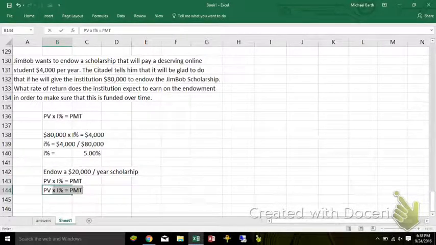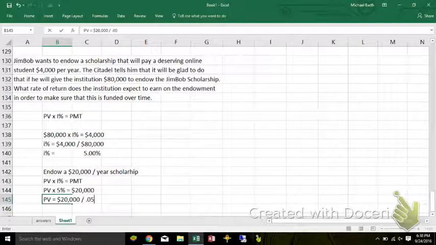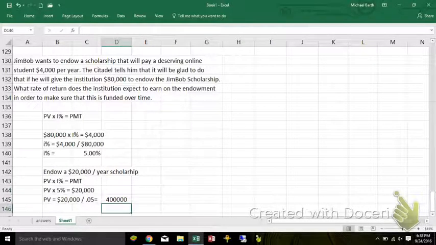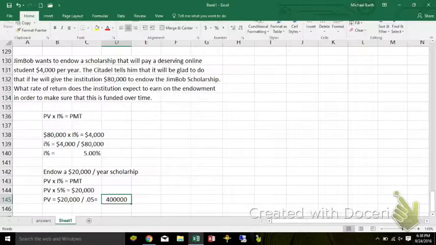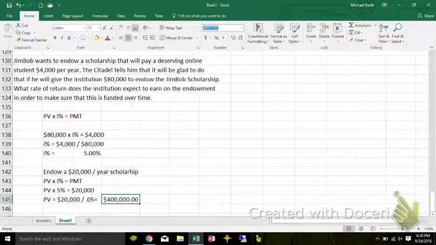So the present value times 5% has to be enough to equal $20,000 a year. And how do you do that? Divide both sides by 5%, then the present value would be equal to $20,000 divided by 0.05, which would be $400,000. And that's perpetual annuities in a nutshell.